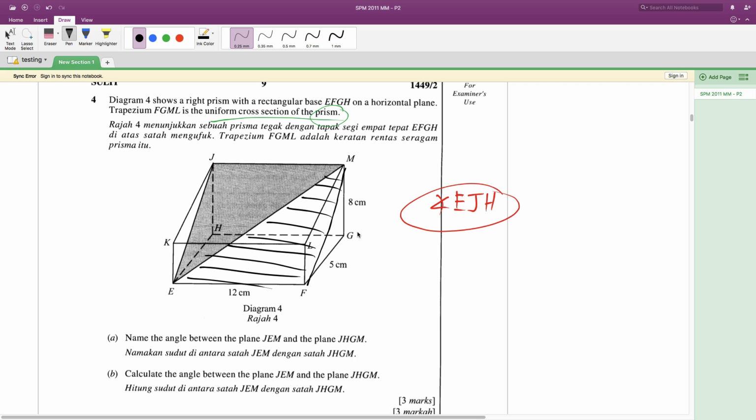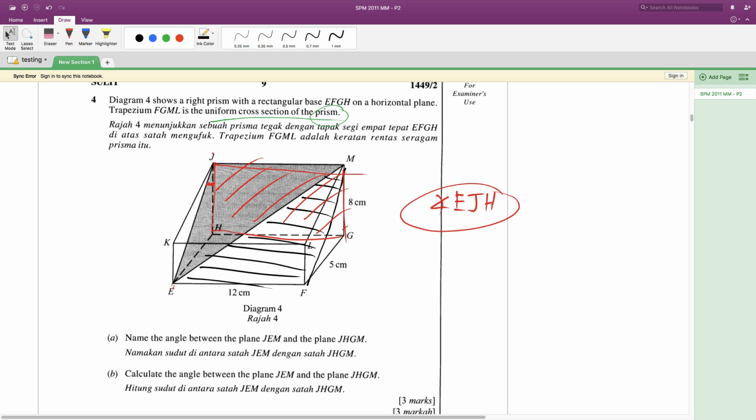JHGM is the plane at the back here. So the plane in the middle and the plane at the back intersect, and the angle in between will be this one, which is E, J, and H. Do you see E, J, and H? You can use other methods also as long as you get E, J, and H.